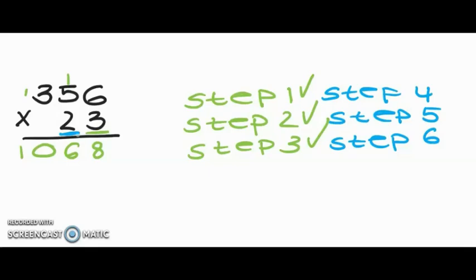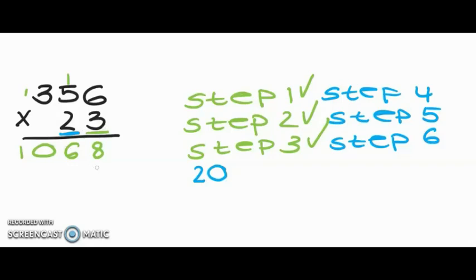As you can see, the number 2 is not in the same place as the number 3. This number 2 is actually written as 20. That means that this 20 is 10 times bigger than 3.